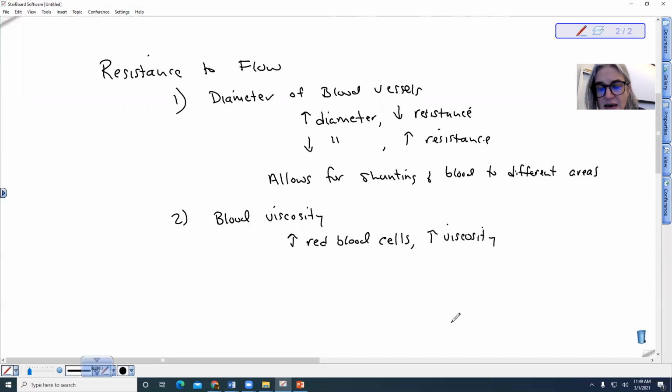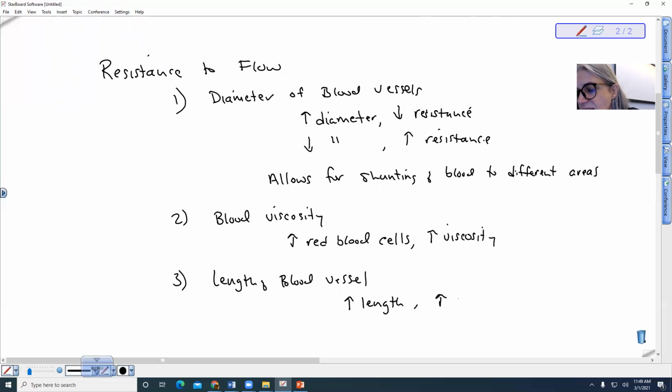The third thing is the length of the blood vessel. So as we increase that length, we have an increase in resistance.